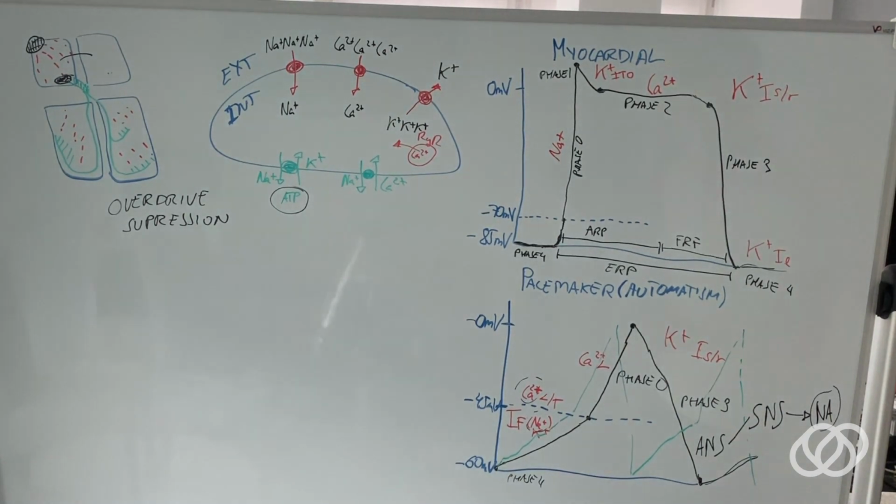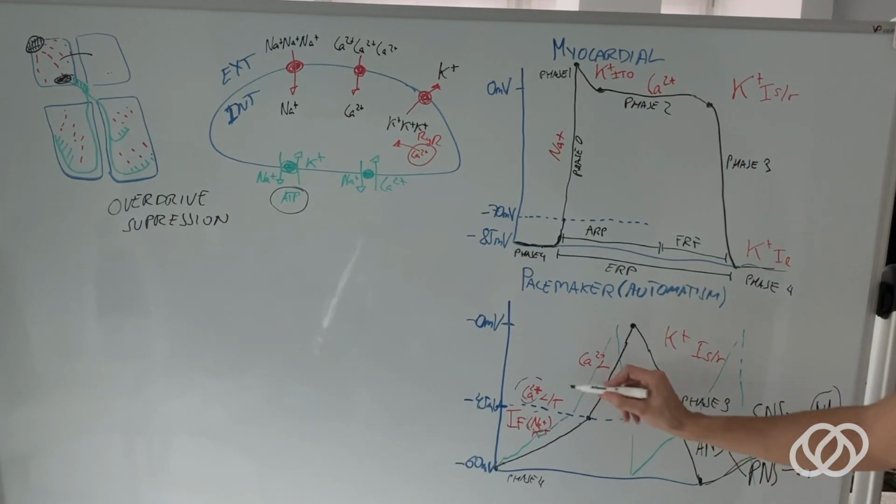Meanwhile, we have another system that is the parasympathetic nervous system. When it acts, it is going to release acetylcholine, ACh. This ACh is going to do the opposite.